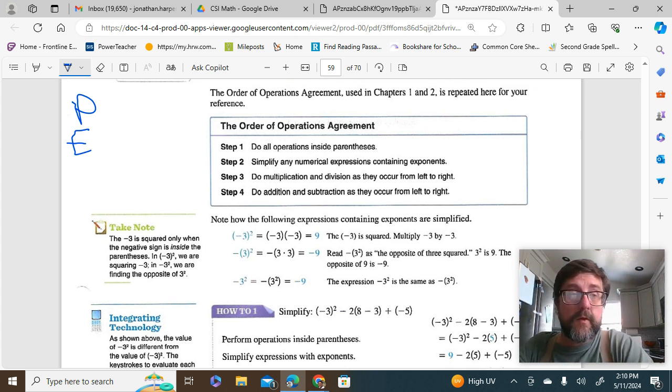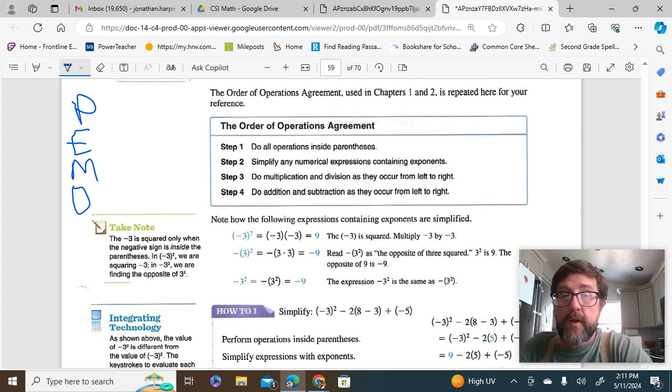So we say MD, that's my dear. Again, you do them left to right. If division comes before multiplication, you do division first, or multiplication first if it comes first.